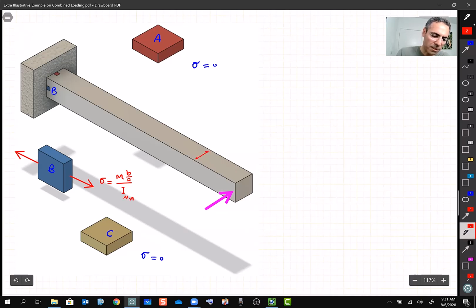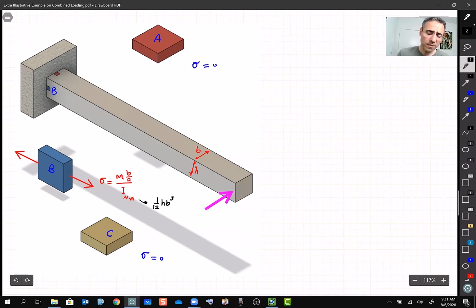Which we said, if this is B and this is H, this one is 1/12 HB^3. Okay, so this is the stress element for point B.